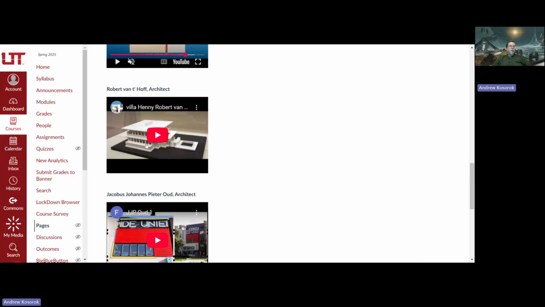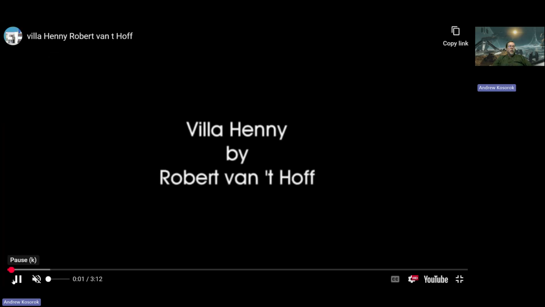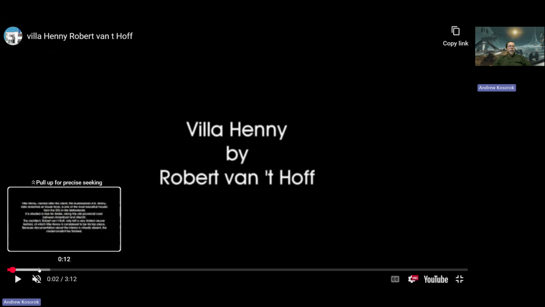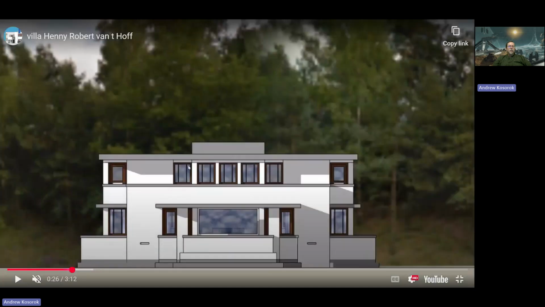And here's Van 't Hoff, an architect who started a little bit before De Stijl in his work, but you can really see a lot of that aspect of what in the US was the Prairie style of Frank Lloyd Wright.